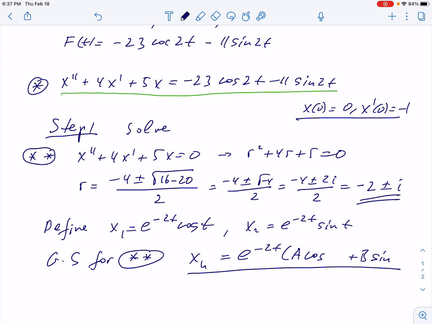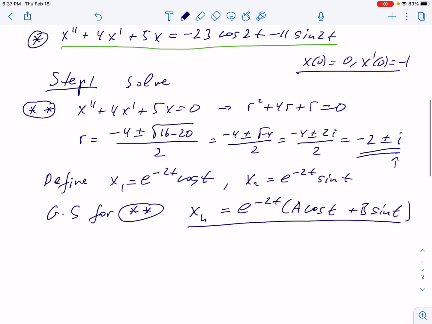Okay, cosine t and here sine t. The frequency of the system is 1. It's the coefficient in front of this complex unit i. It's 1. And the frequency of the outside force is 2. Different frequencies. Okay, this was the end of step 1.